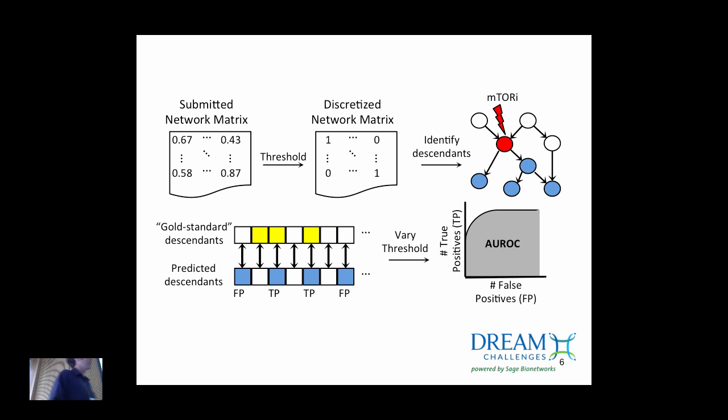And I don't know if you're familiar with this kind of curve. Are you? Area under receiver operator characteristic. But basically, the idea is that you want to balance how many edges you got correct to how many edges you missed. Because you can have a lot of true positives, but basically miss a lot of the edges.